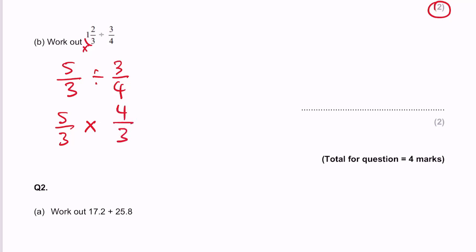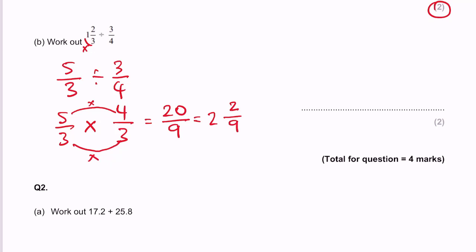Now we can go ahead and multiply the numerator by numerator and the denominator by denominator. So 4 times 5 is 20. And 3 times 3 is 9. Now 20 over 9 is an improper fraction, so we can change it into a mixed number. So 9 goes into 20 twice, 2 remainder, and the 9 is the denominator.